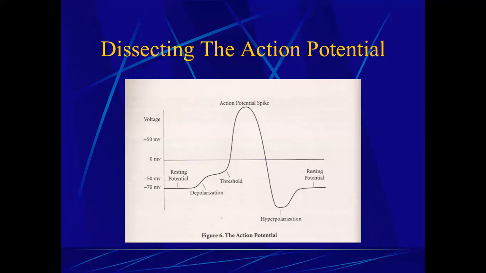Now, I mentioned to you that the rising phase of the action potential we refer to as the absolute refractory period. A refractory period is a period of time where a neuron that is firing cannot fire again.